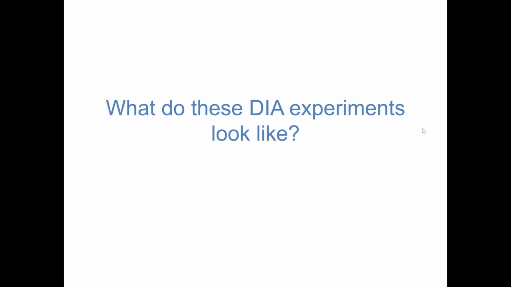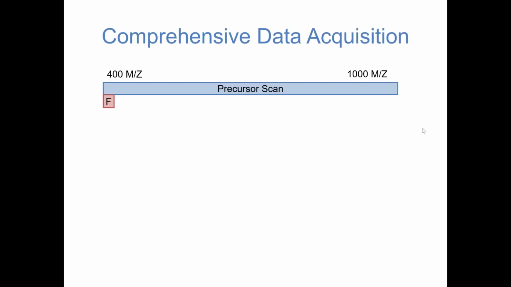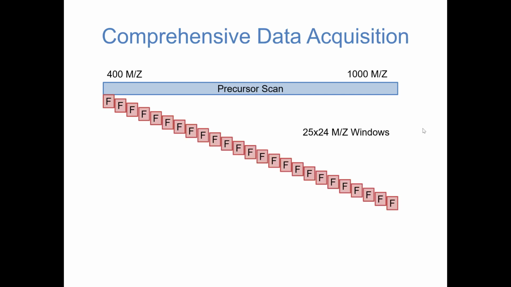Okay, so what does DIA look like in a modern experiment? As I said, people typically now will maybe measure from 400 to 1,000, at least in the McCoss lab and the McCoss lab surrogates. These fragment ion scans would typically be 25 m/z wide windows or 24 m/z wide windows, and you would collect them sequentially, one after another.